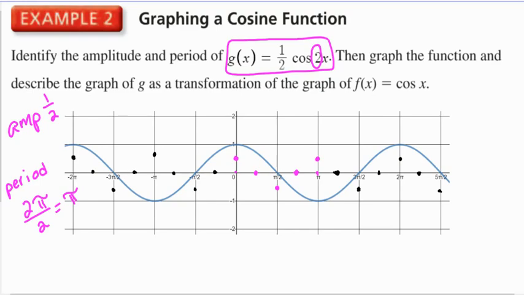Okay, and then we can graph that, and we just make it nice and smooth, rounded at the top, through the middle, rounded at the bottom, and so on. You get the repetitiveness?